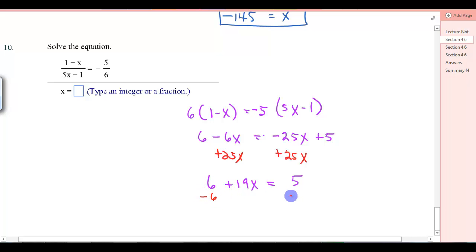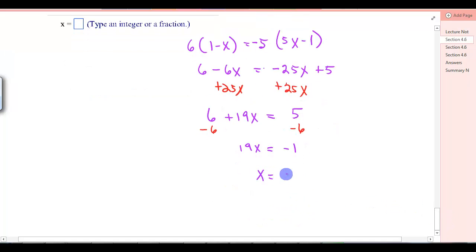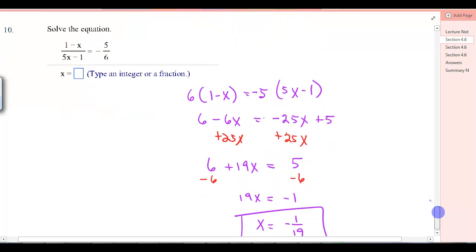And then let's subtract 6. 19x equals negative 1. And x equals negative 1 over 19. So our technique on this one was to do the cross multiplying because we had 2 equal fractions. I think that should get you through number 6.